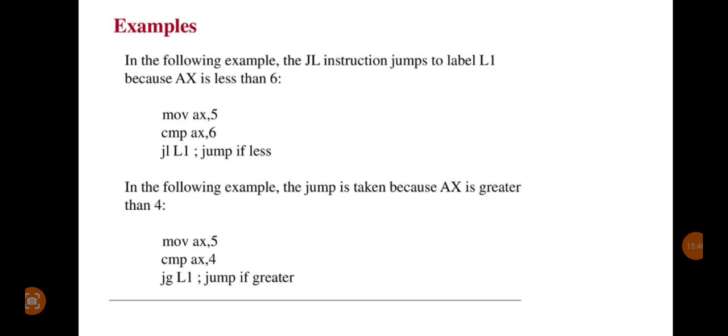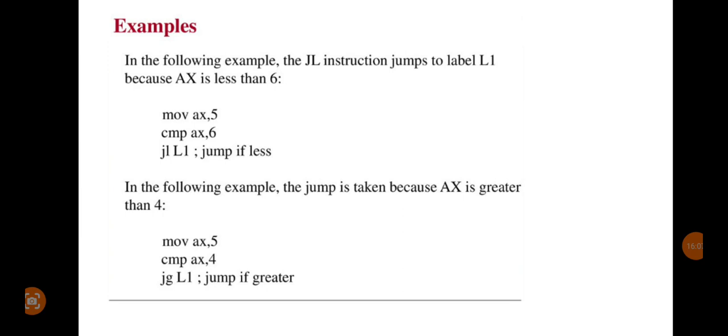This is the example. In the following example, the JL instruction jumps to label 1 because AX is less than 6. We see MOV AX, 5, that means 5 is loaded into AX, and CMP AX, 6, so 6 will be compared with the 5.